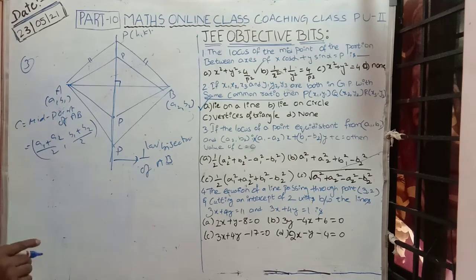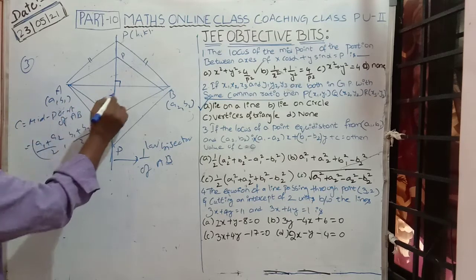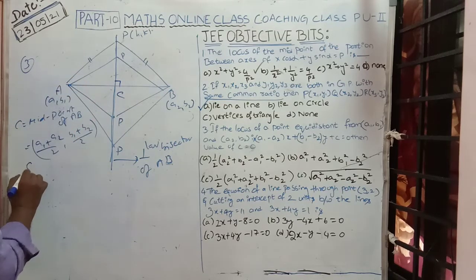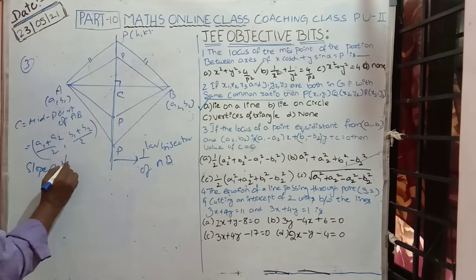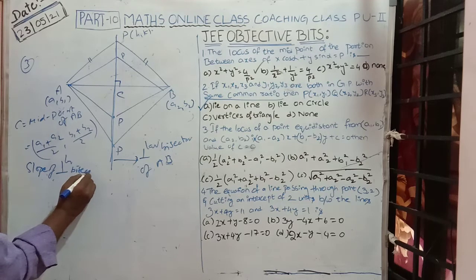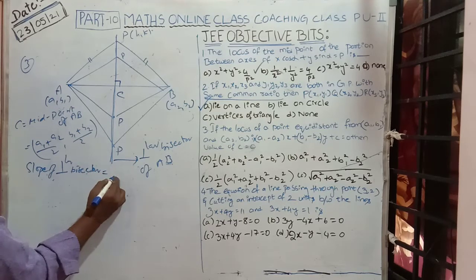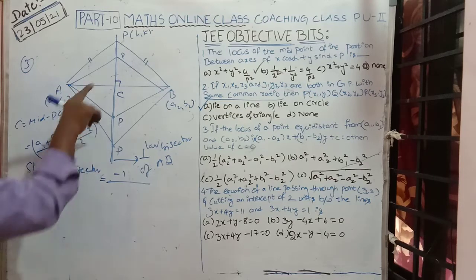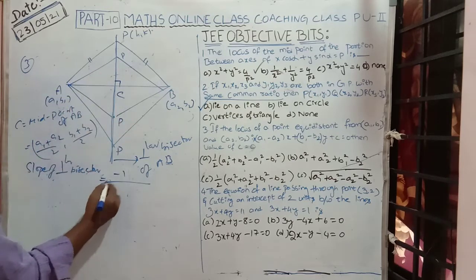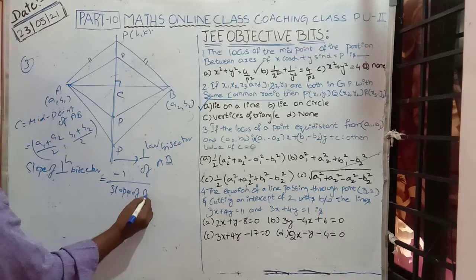How can you find the perpendicular? It is passing through the point C with a slope. The slope of the perpendicular bisector, because they are perpendicular, is minus 1 by m, the slope of AB.